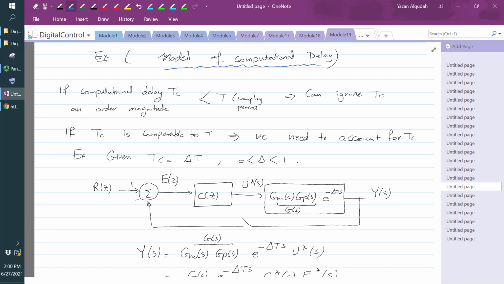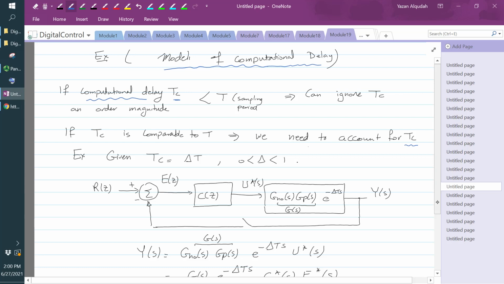If that calculation is much smaller than the sampling time, we can ignore it. However, if the calculation is going to result in a computational delay, Tc, that is comparable to the sampling time, then we need to account for that delay.